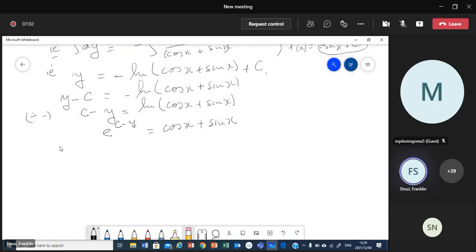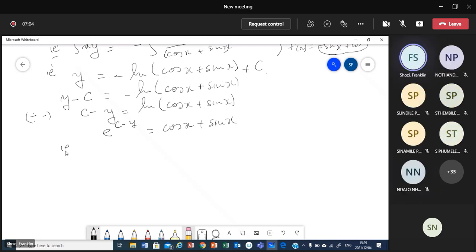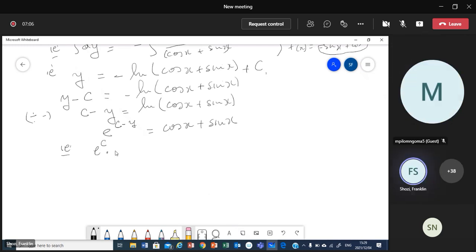If I split that, this is e to the power c, e to the power minus y, equal to cos x plus sin x. But this on its own, e to the power c, is a constant. I call it k. e to the power minus y is equal to cos x plus sin x.